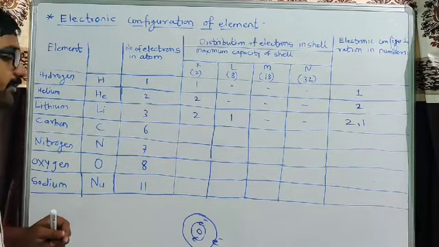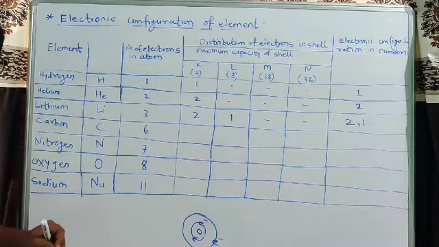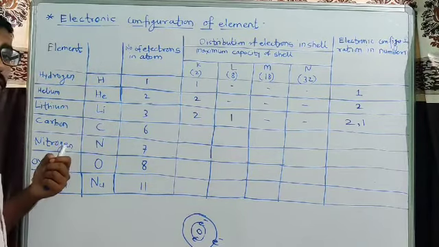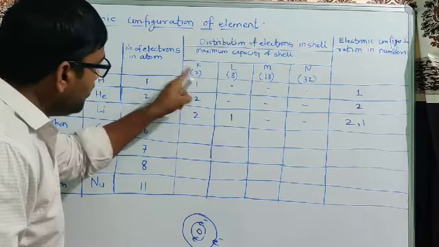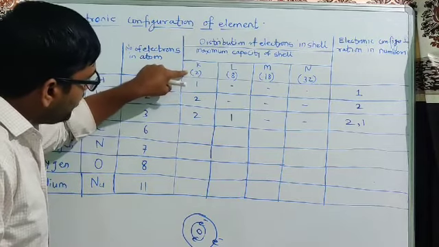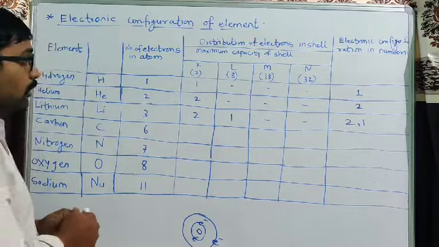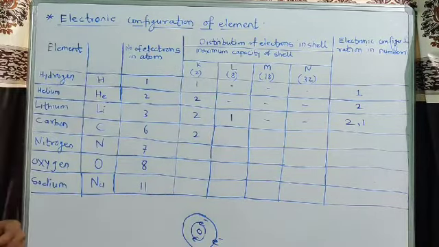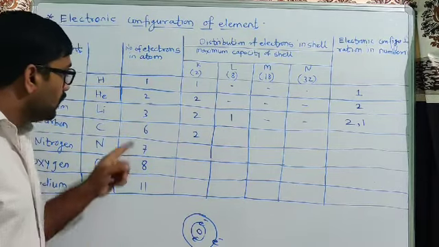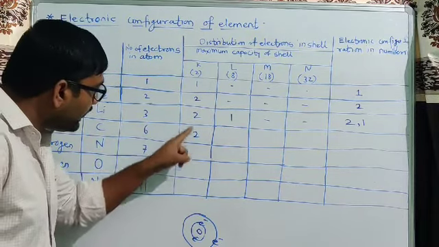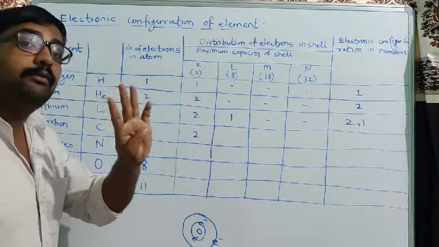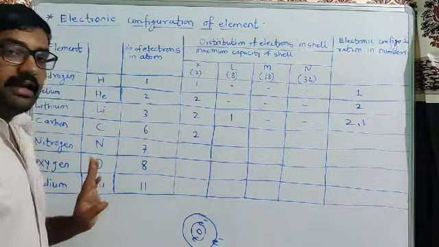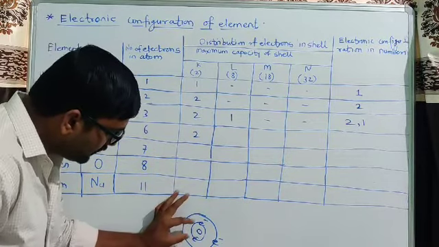Then look at carbon. We know carbon has 6 electrons. How are these 6 electrons added in the shells? In the K shell, how many maximum electrons can there be? Only 2 electrons. So first 2 electrons go in the K shell. How many electrons remain now? Out of 6, 2 are added into the K shell, then 4 remain. Those remaining 4 are added into the next shell. Suppose this is a carbon atom.